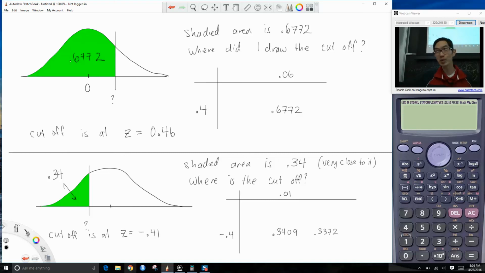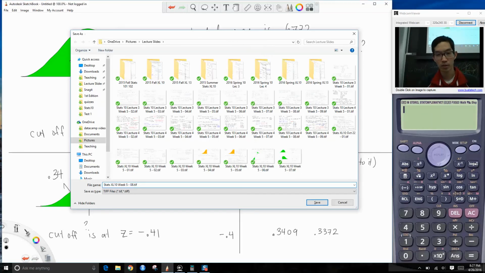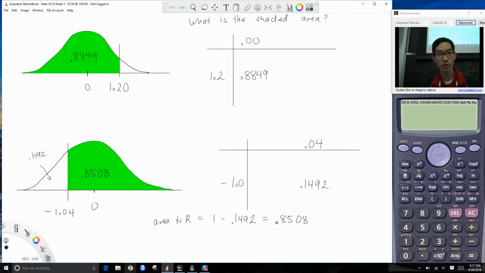The questions that I'll ask will actually be different, but you have to understand this in order to do those other questions. The reason why I'm asking is because for the previous slide, I don't think you shaded the area we were looking for, so I wasn't clear if it was to the left or to the right. On the previous slide, I just said, what is the shaded area?